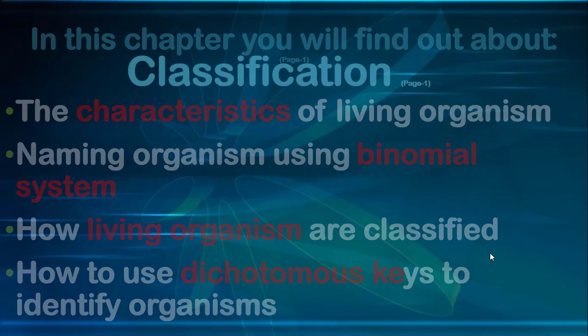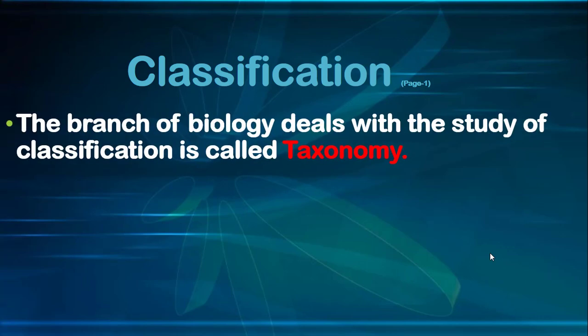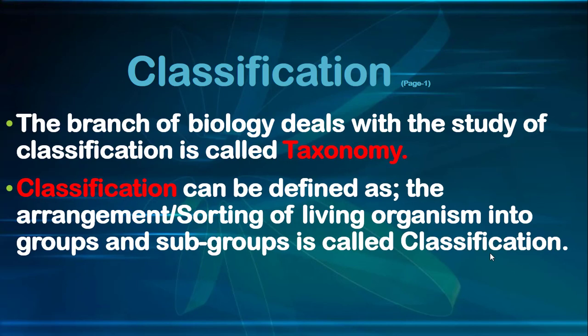Let's begin with the definition of classification, how classification can be defined. The branch of biology that deals with the study of classification is called taxonomy. And classification can be defined as the arrangement or sorting of living organisms into groups and subgroups.